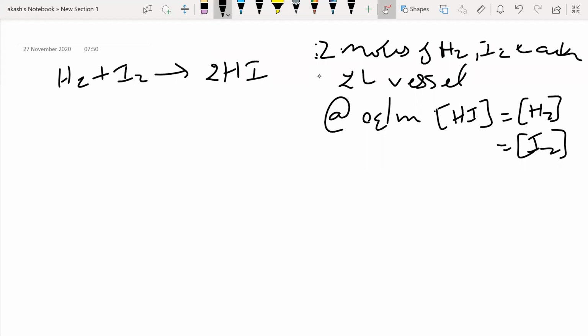Okay, so this data is given to you, right? Say I want to find what the Kc value is. Can I find it? Is it possible? Okay, we'll try. I don't know whether the question works or not, but still we'll try.